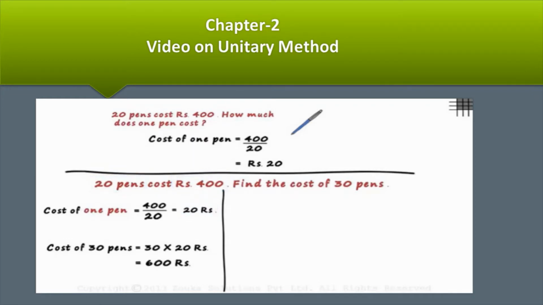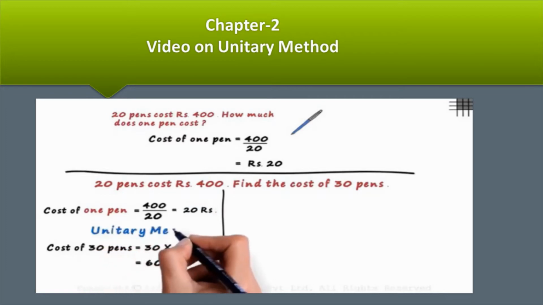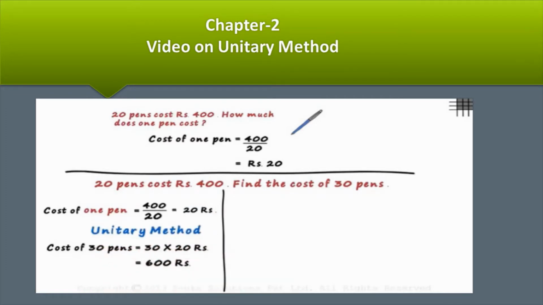And then we found the cost of 30 pens by multiplying the cost of 1 pen with 30. This method of finding the cost of 1 unit first and then multiplying by the number of units to find the total cost is called the unitary method. Remember, cost of 1 unit first and then the total cost accordingly.